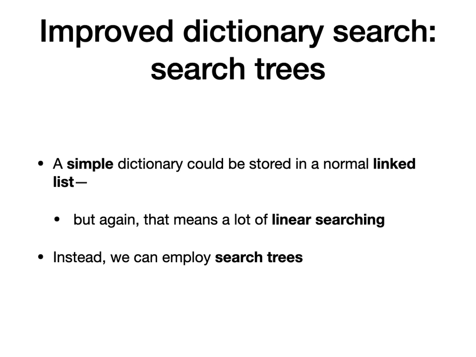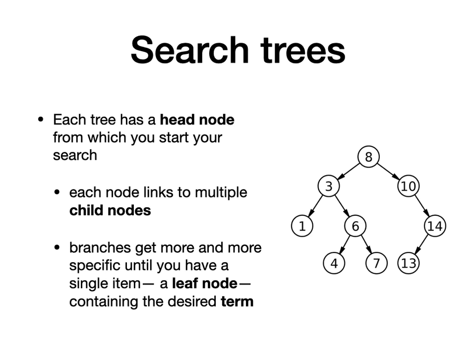So again, while a simple dictionary could be stored in a regular old linked list, we would be stuck linear searching just like when we started. So we're going to use trees instead, search trees specifically. So each tree has some head node, as I discussed there. That's where you start your search. And every node links to multiple children.